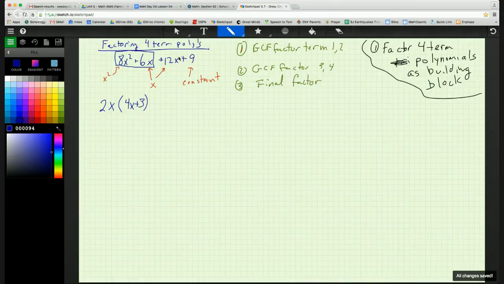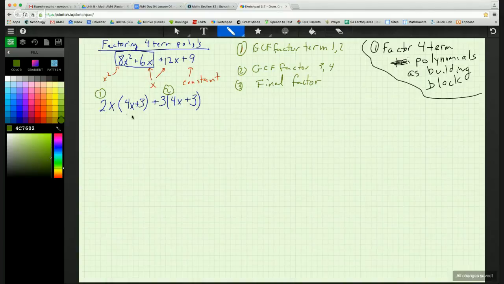And on our second two terms, we're going to see that the GCF is a 3 here. So that's plus 3 times 4x plus 3. Okay, so that was step 1 and 2. So this was step 1, and this was step 2. So we're almost done now.